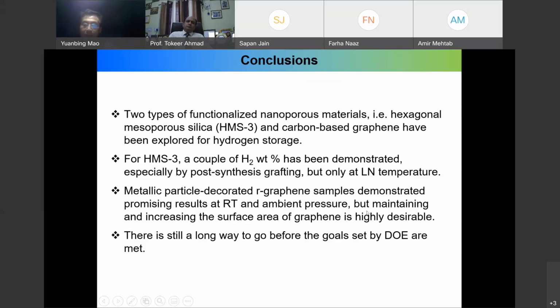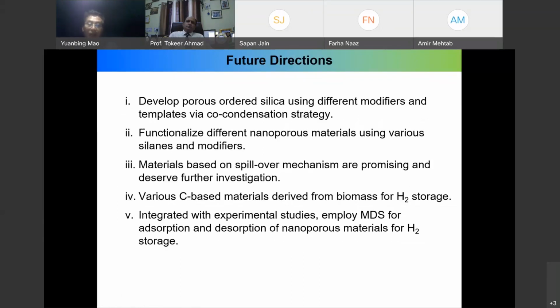But still, we need to increase the surface area of the graphene. That will make it much better. But overall, there's still a long way to go before the goals set by DOE are met. So in terms of the future direction, if we can develop porous silica, use different modifiers, a template, a co-condensation strategy could be nice, right?